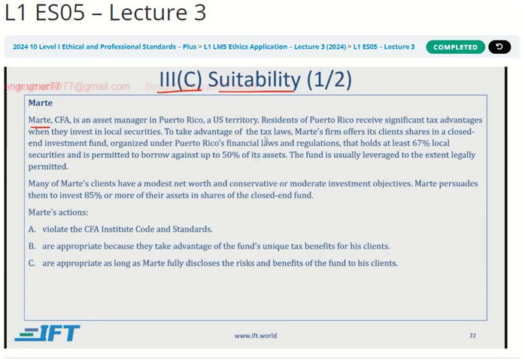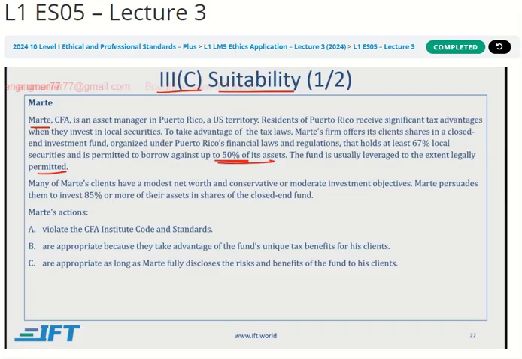To take advantage of the tax laws, Marty's firm offers its clients shares in a closed-end investment fund organized under Puerto Rico's financial laws and regulations that holds at least 67% local securities and is permitted to borrow against up to 50% of its assets. The fund is usually leveraged to the extent legally permitted. So this fund is usually up to 50% leveraged, which is a fairly high level of leverage.